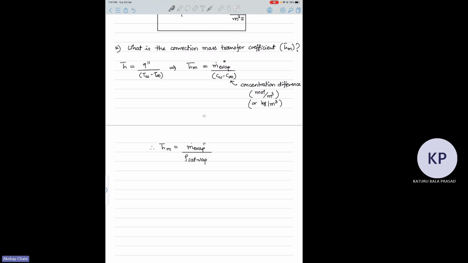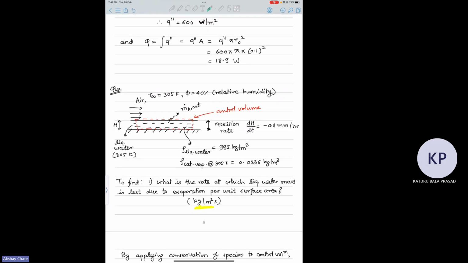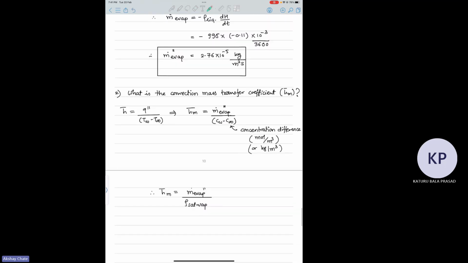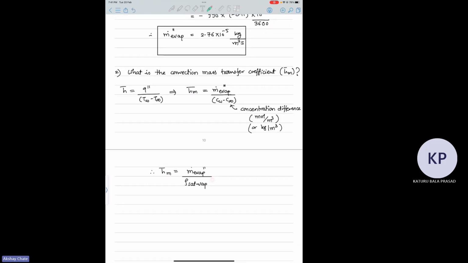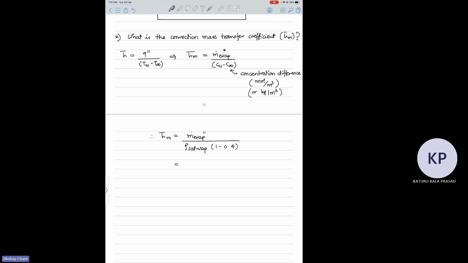because as sir also said in one of the classes in the previous week's lectures, we consider concentration at the surface, not at the bulk. Since we are considering water vapor going out, here you have to consider the concentration of water vapor at the boundary of the control volume, and that will be multiplied by 1 minus 0.4. So 1 is like 100% water vapor and 0.4 is 40% water vapor, and this whole thing is given.